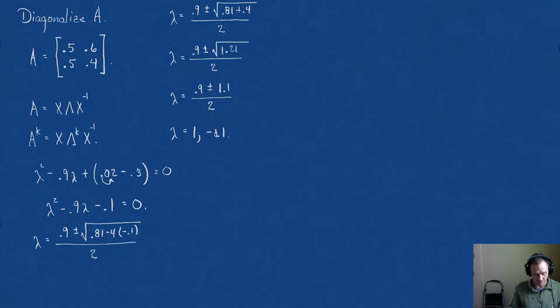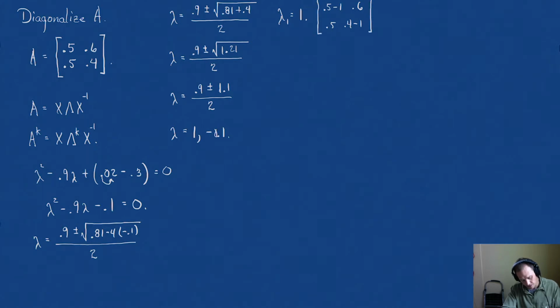Now I want to find my eigenvectors. So my first eigenvalue, lambda 1, is 1. What we're going to solve is A minus lambda 1 I, so 0.5 minus 1, 0.6, 0.5, 0.4 minus 1, equals 0.